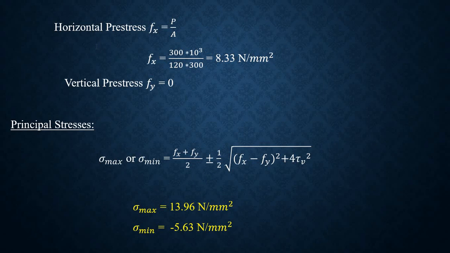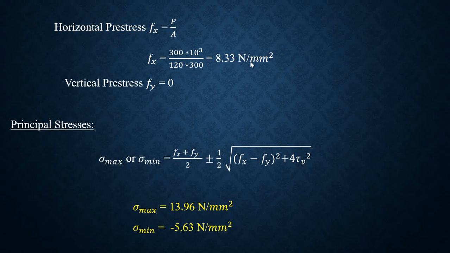Next is horizontal pre-stress. Horizontal pre-stress is denoted by Fx equal to P by A. P we know, they have given as 300 kilonewton. Convert it into Newton: 300 into 10 power 3, whole divided by the complete area of the rectangle, 120 into 300.